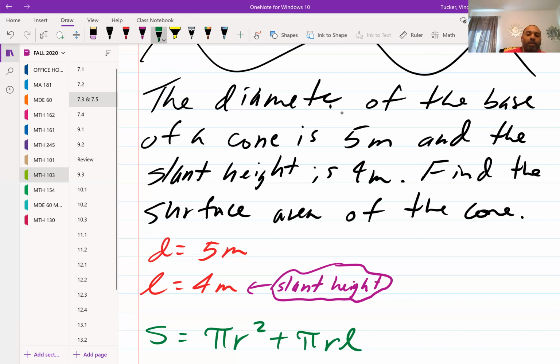They gave us the diameter and they gave us the slant height, which is L in our formula. That's 4.